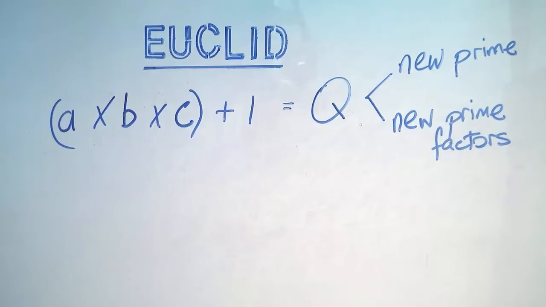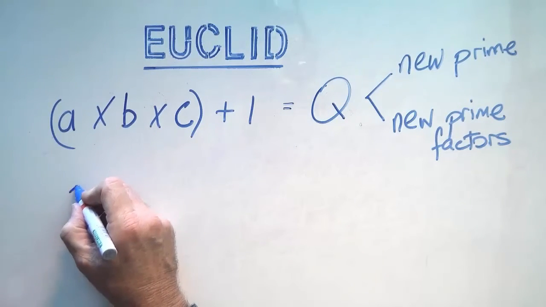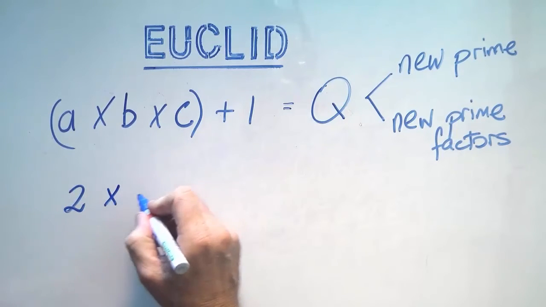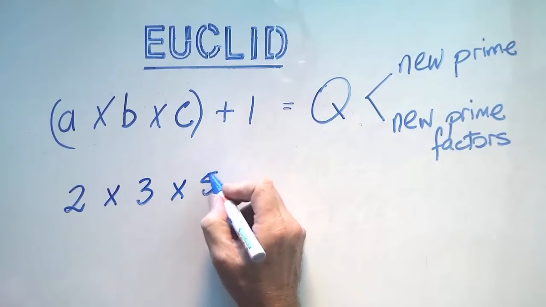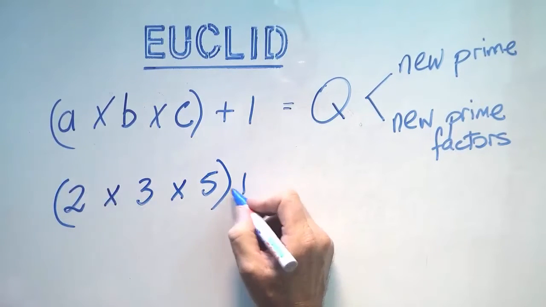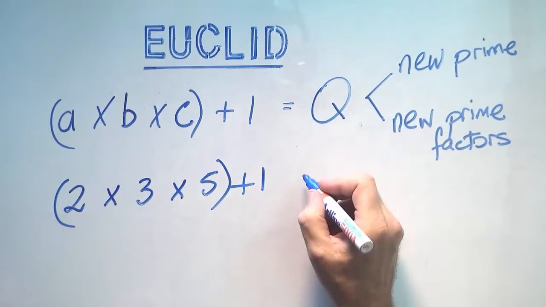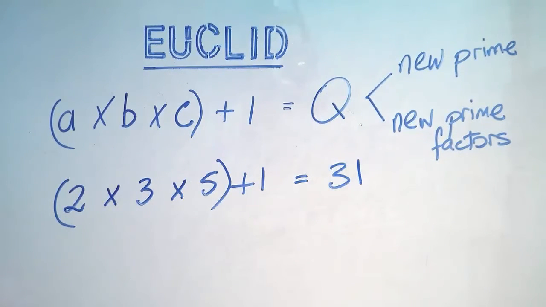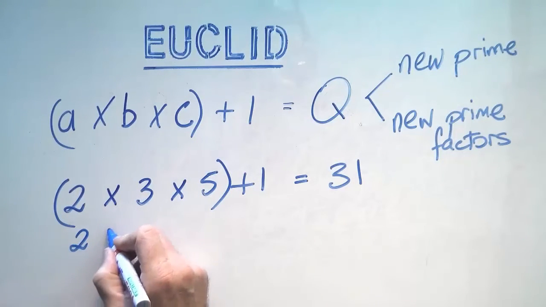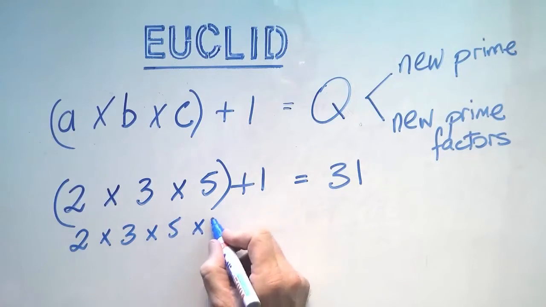Now let's have a few examples. Say you thought the primes were 2, 3, and 5, and then you add 1. Well, that's 30 plus 1 is 31, and that is prime. Say you thought they were 2, 3, 5, and 7.